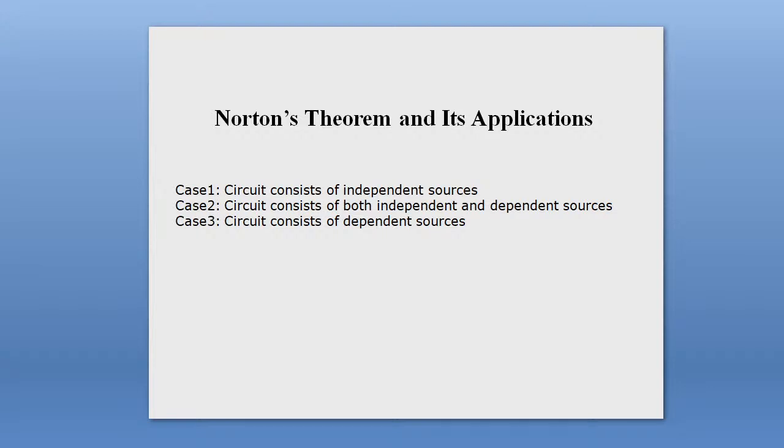You know that these theorems, either Thevenin's theorem or Norton's theorem, are applicable for both AC and DC circuits. That means your circuit consists of DC sources and resistances, or your circuit may consist of AC sources and impedances, capacitors, inductors, whatever.